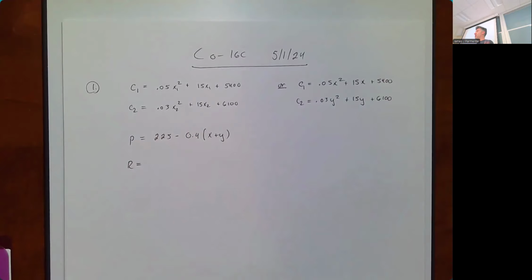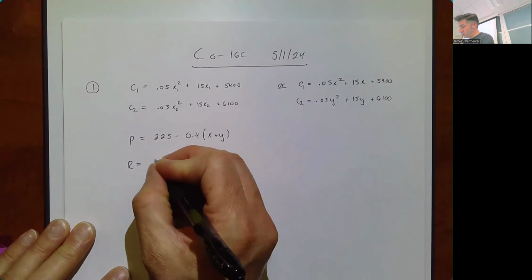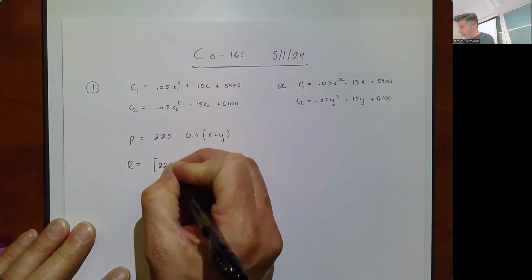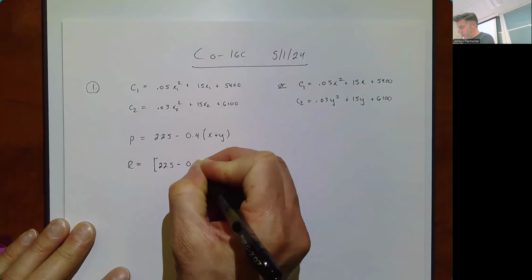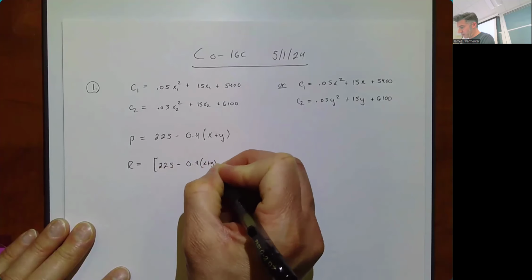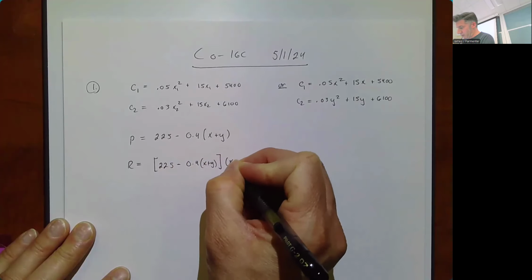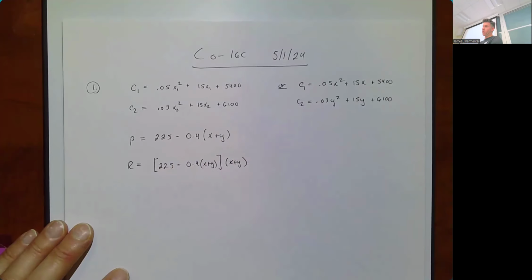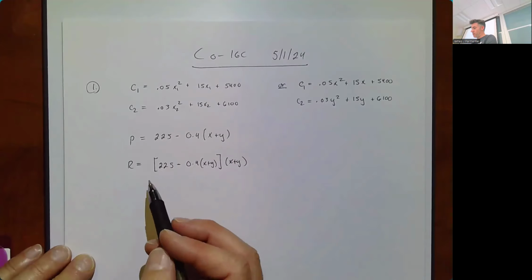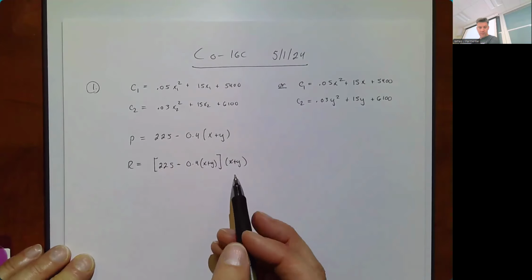The revenue is just the price times the number sold. So it's going to be the demand function, 225 minus 0.4 times (X plus Y), times (X plus Y). That's the idea, right? It's the price you're selling at and the number you're selling.